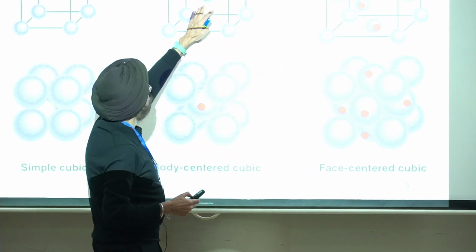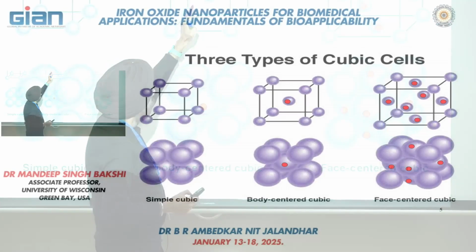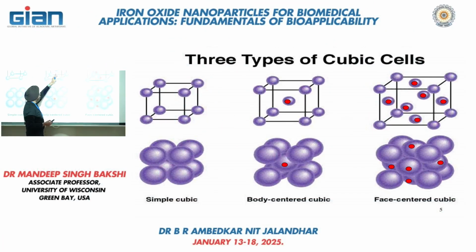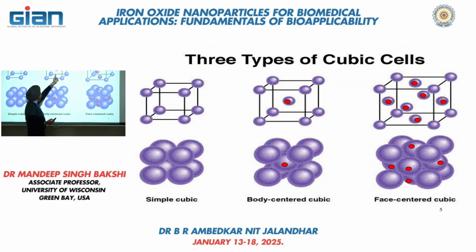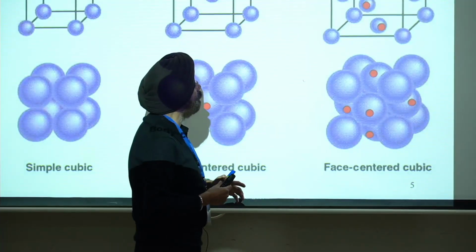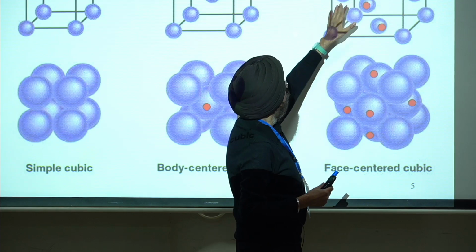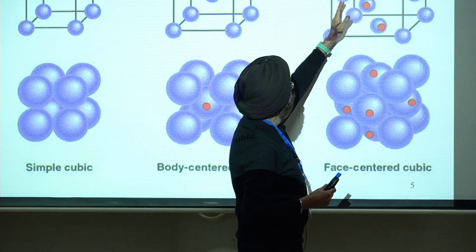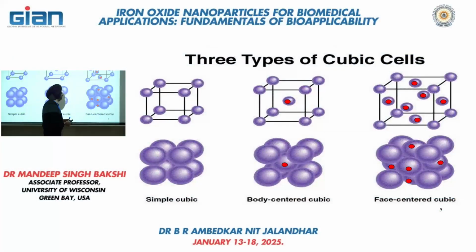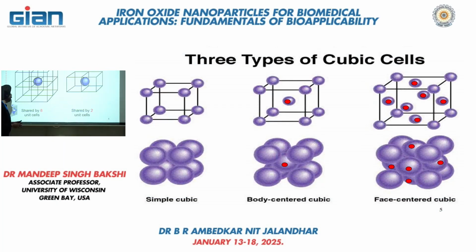There is no issue for this because it is already inserted in the center of the cube, so the one full-fledged atom is already in the cube. But what is the area when an atom is placed on the face, and how much of it is included in the unit cell?